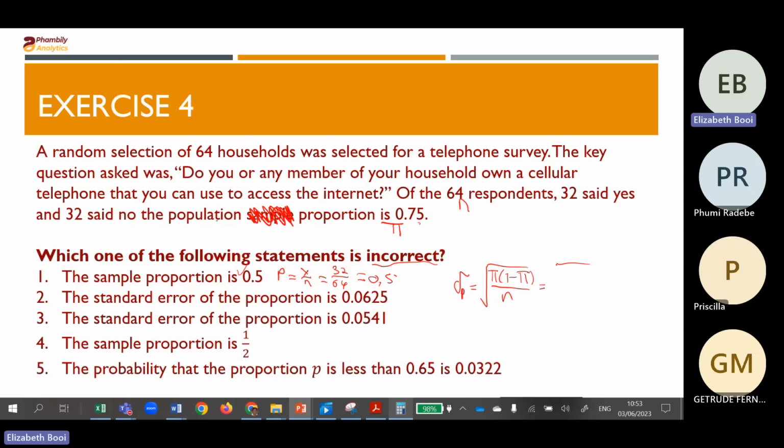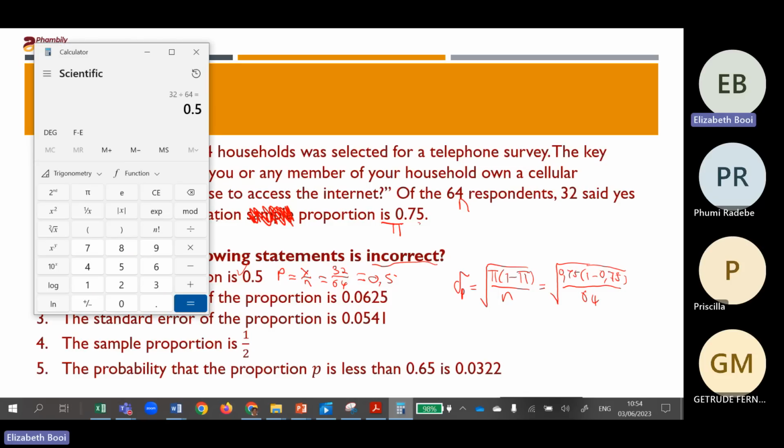So if you substitute the values, your population proportion was 0.75 times 1 minus 0.75, divided by our sample size of 64.